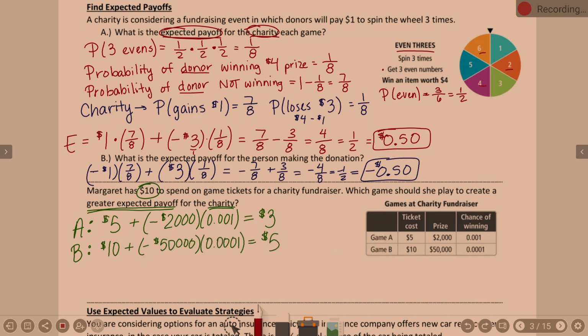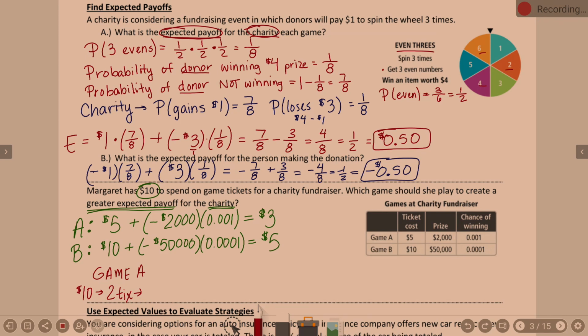Now, I just wrote out individual games, yes? So what did we already talk about with game A? With game A, what would you do? Play it twice, right? Since we have $10 to spend, we would buy 2 tickets. And with 2 tickets, what are they going to get out of me on average?